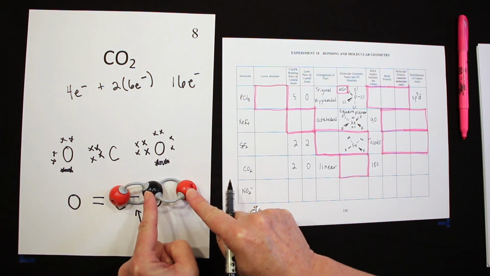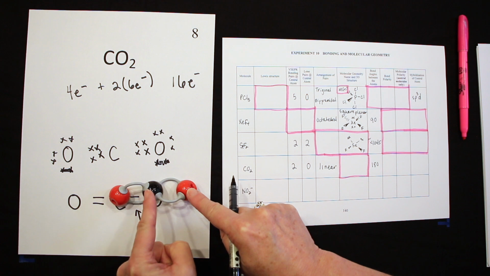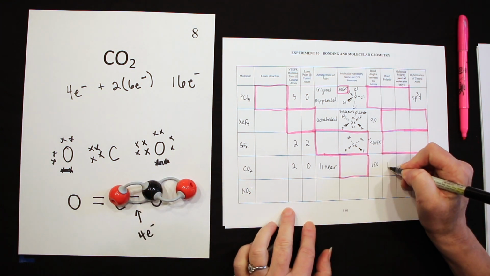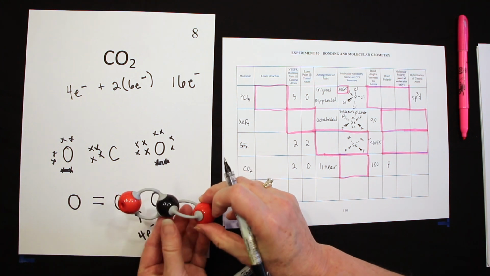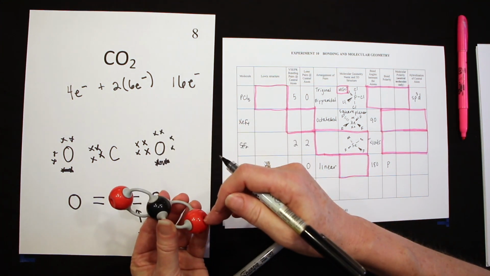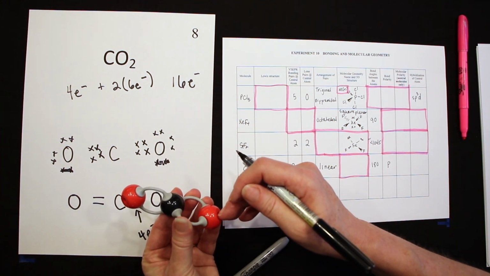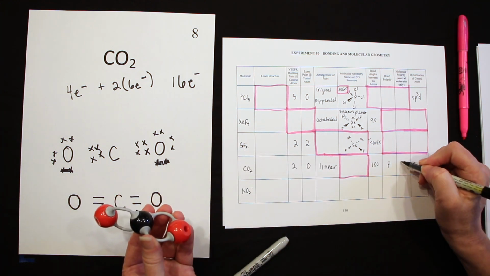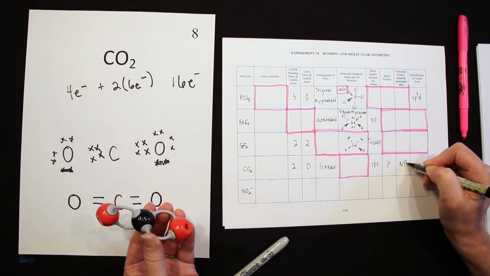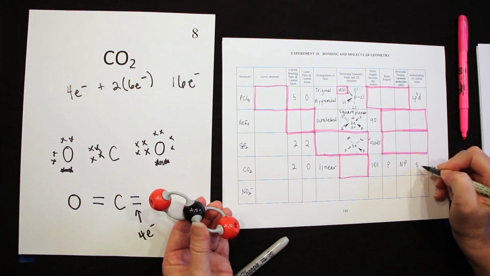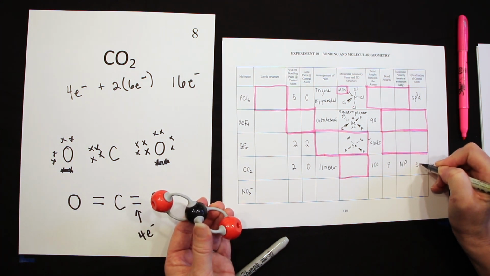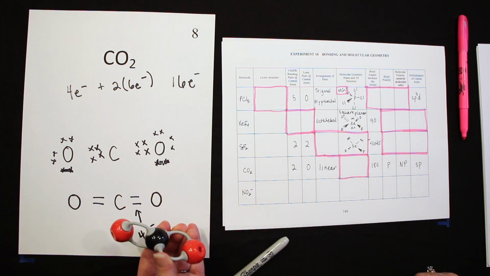The bond polarity between the carbon and the oxygen is definitely polar, but let's look at the overall molecule. The terminal atoms are the same, and there's no lone pairs. This is a nonpolar molecule. And all linear molecules are sp hybridized.